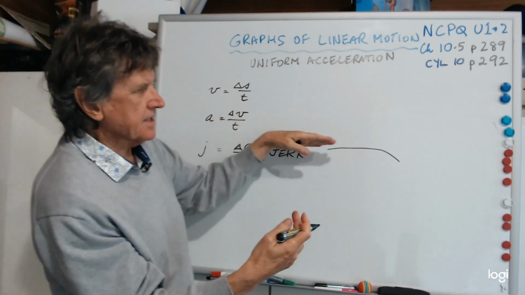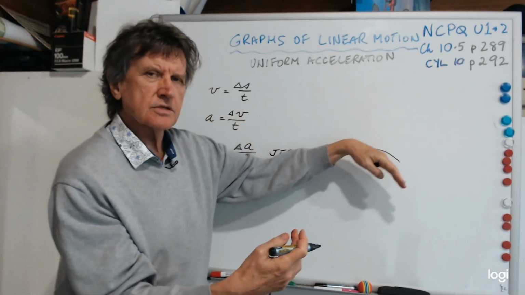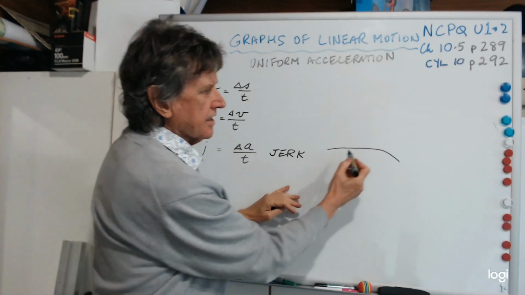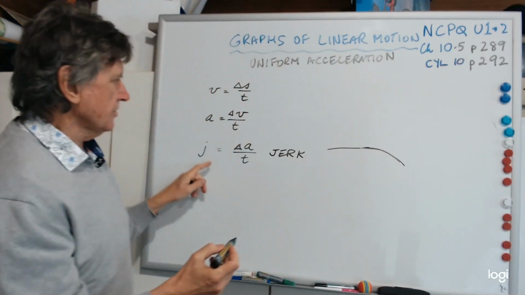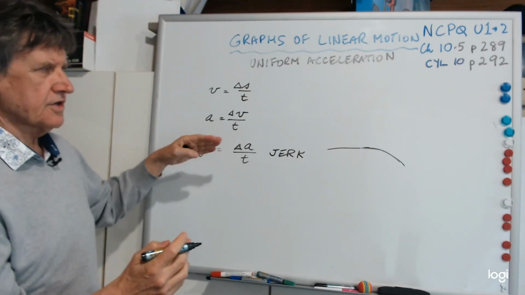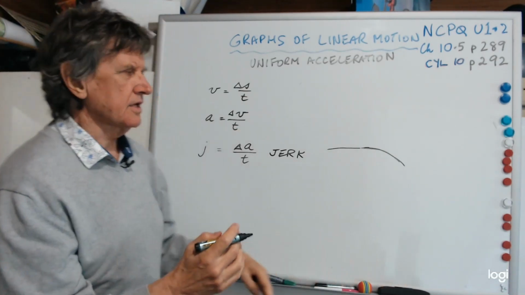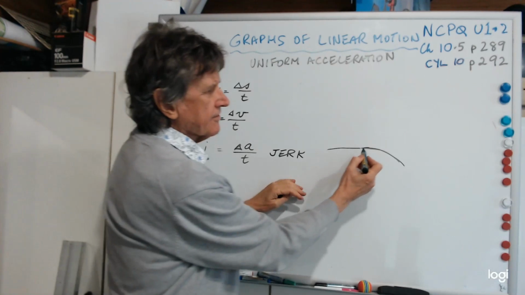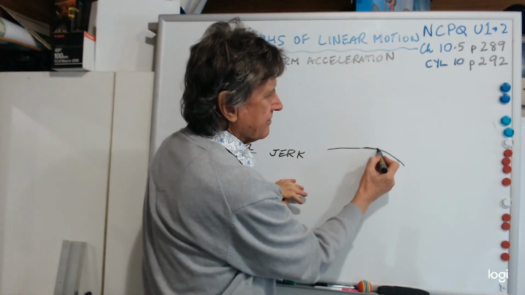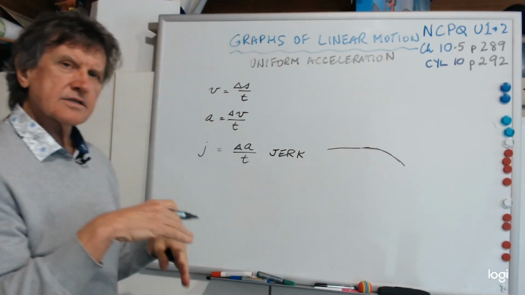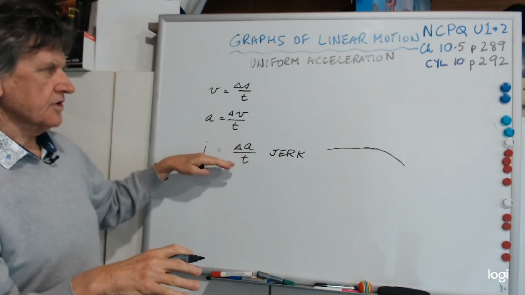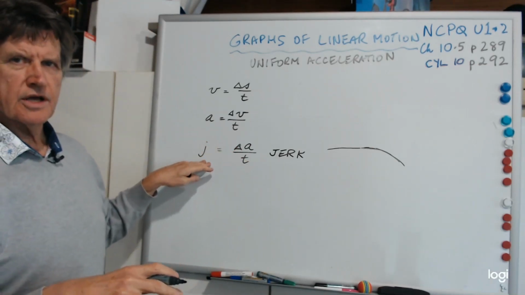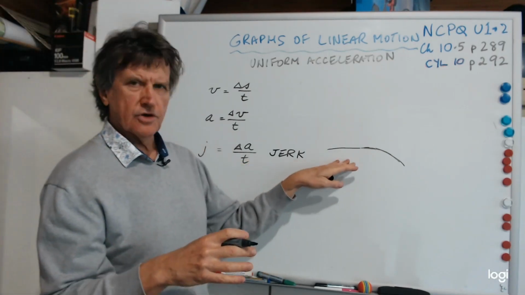So even if it keeps going at the same speed and it turns, that's still acceleration. Now, if you have that turn nice and smooth, you don't get a change in acceleration. It accelerates around nicely. But if you don't have that curve right and it's a bit bent, actually the acceleration changes as you go around, and that's called jerk.